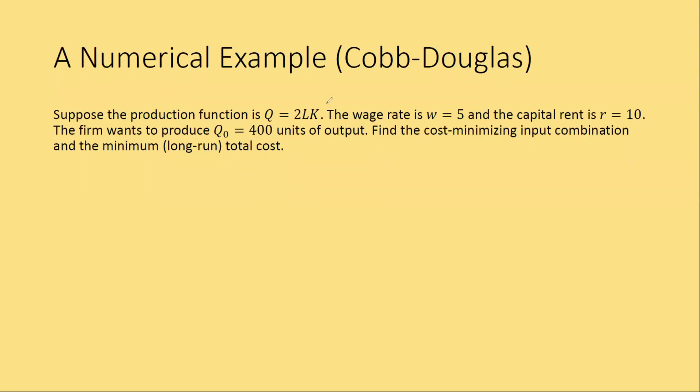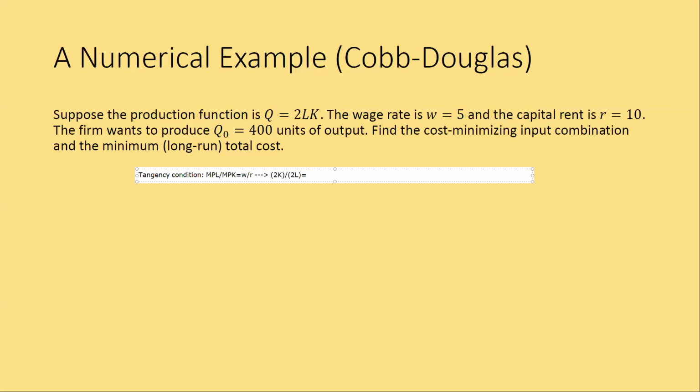To do this, we are going to use the tangency condition that we derived just now. The tangency condition equates MPL divided by MPK to W divided by R. The MPL is the partial derivative with respect to labor, which in this case is 2K. The MPK is the partial derivative with respect to capital, which in this case is 2L.